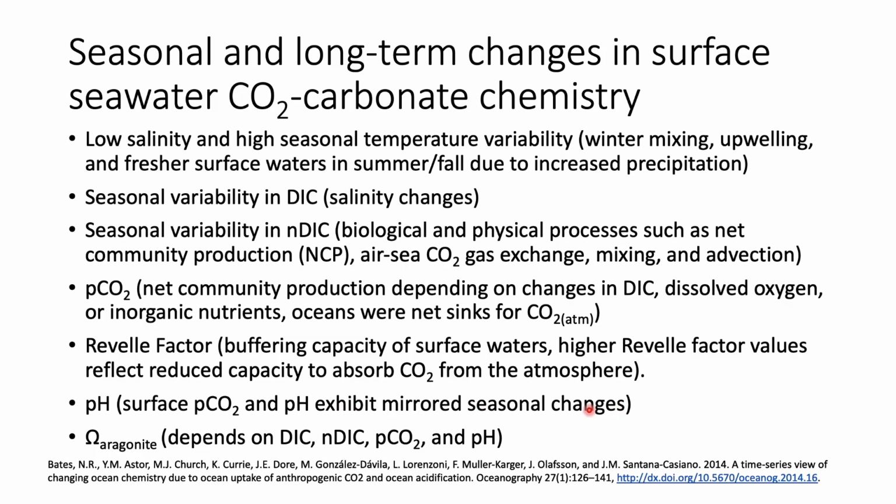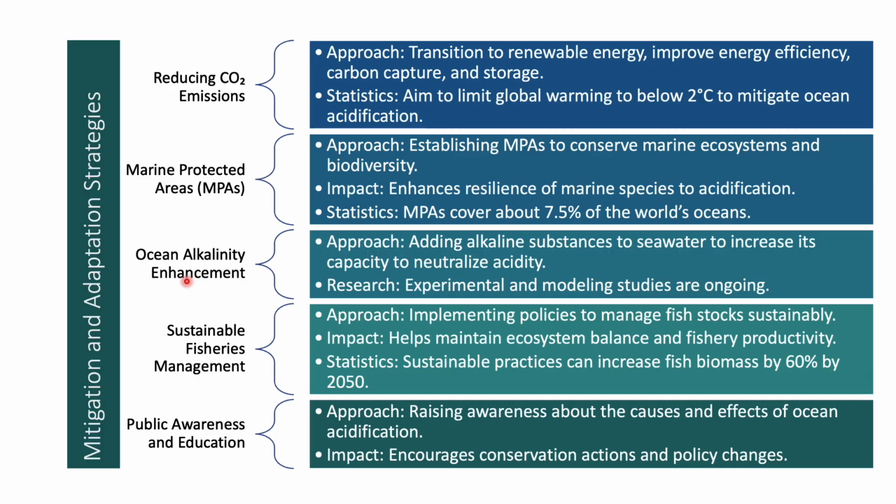So that means winter will have one pattern and summer will have a different type of process. So how do animals mitigate, or when humans want to make some changes, for example, we have to reduce the CO2 so that ocean acidification can be reduced.